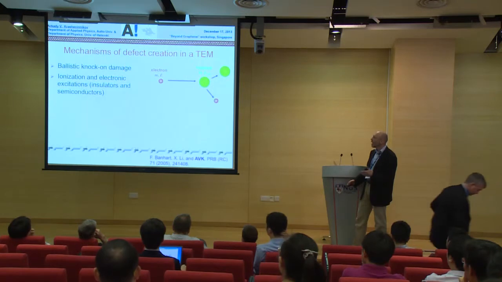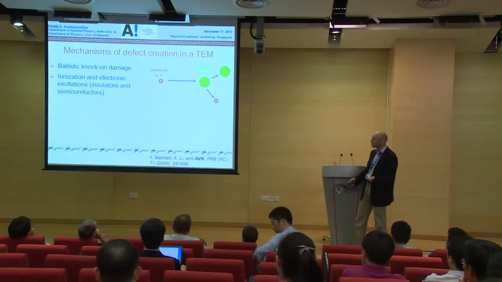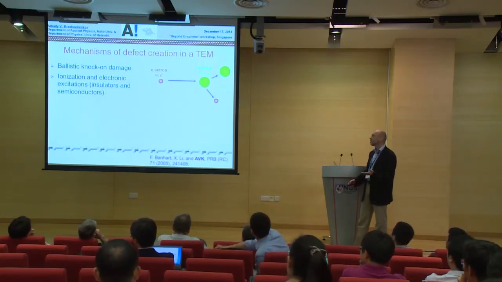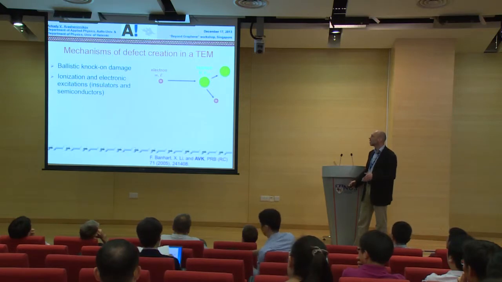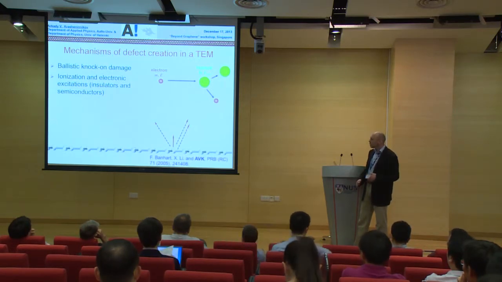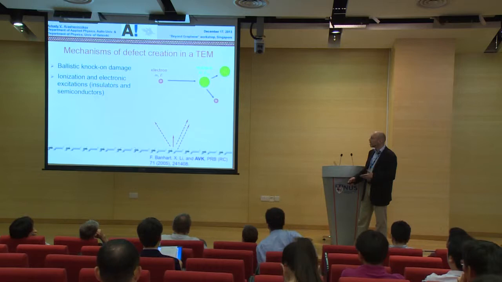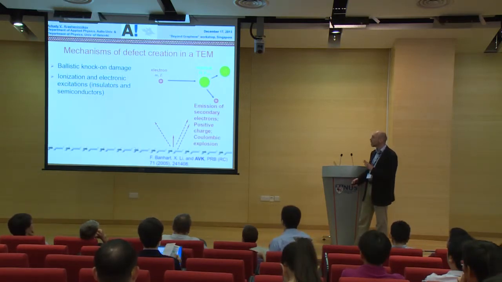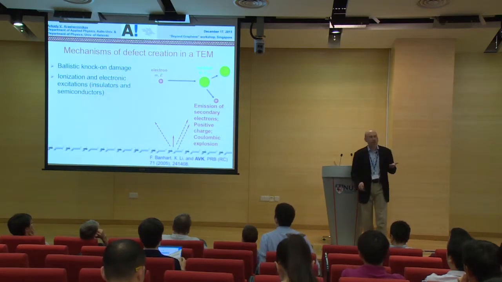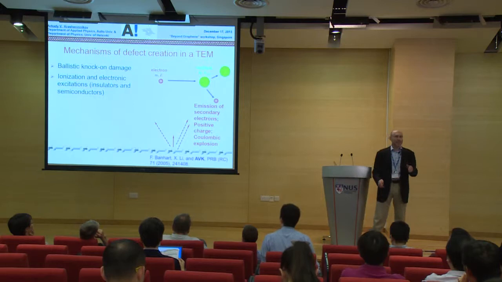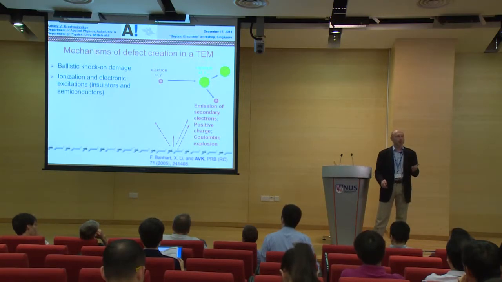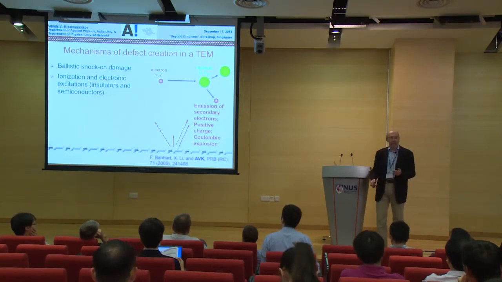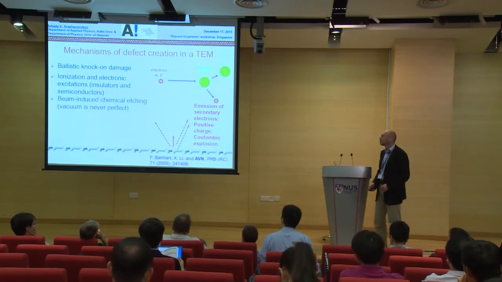Then we have ionization and electronic excitations. This mechanism is mostly relevant to semiconductors and insulators. Essentially, an electron knocks out secondary electrons, so the material may get positively charged. We may have a Coulomb explosion, and if we excite electrons to antibonding states, then if the residence time is long enough, we may have defects created in the material.